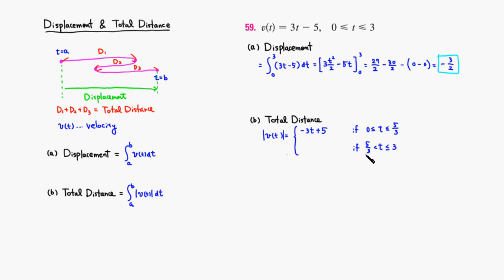And the velocity function is positive, so that means it's going forward. The absolute value of v of t is exactly the same as v of t.